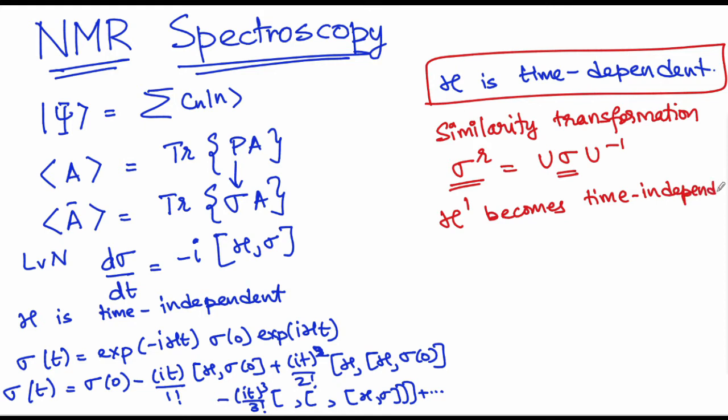Because the moment you make the Hamiltonian time independent, then you can apply the BCH formula. So that makes our life easy. We will be working out a formalism right now, how this unitary transformation, or the similarity transformation that we have listed here, would help us achieve this target.